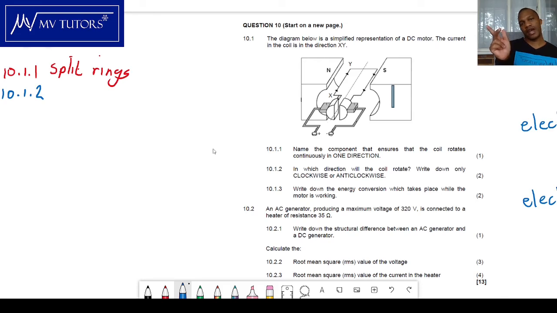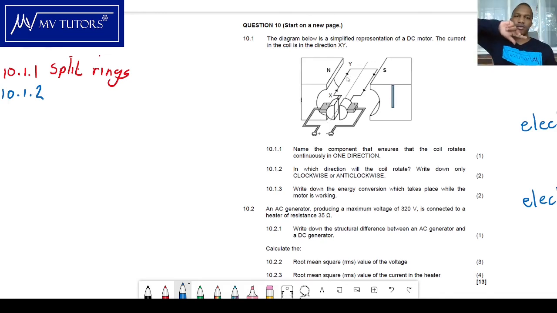Our magnetic field is moving from north to south, so our index finger should point that way.